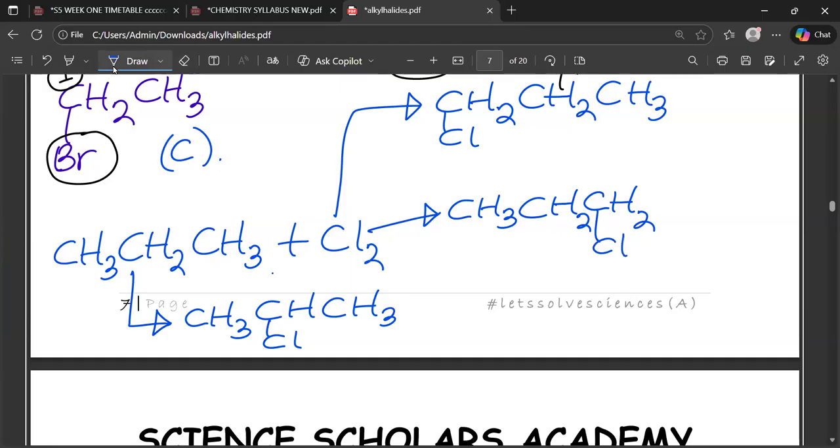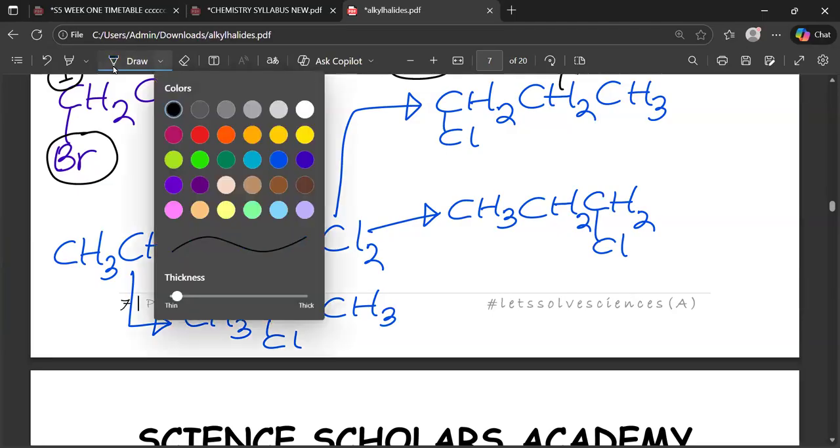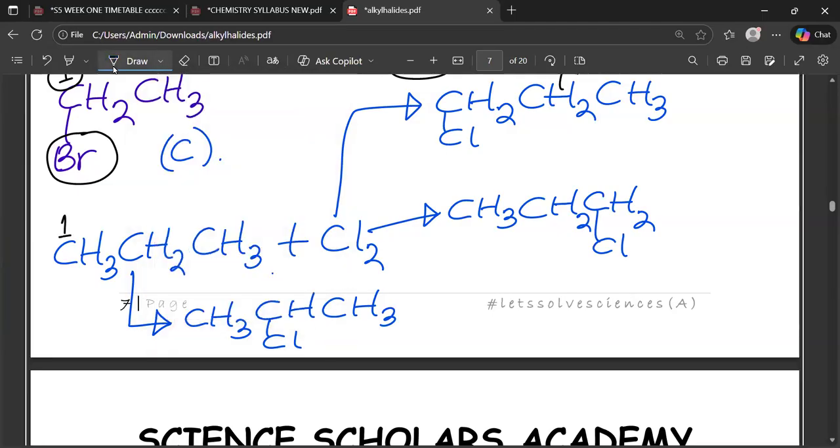Are you people following? This time around, we have a carbon chain that has 3 carbons. I'm assuming the product we are going to form occupies each of them separately. We want to see what actually happens. In nomenclature, we always consider the lowest possible position.